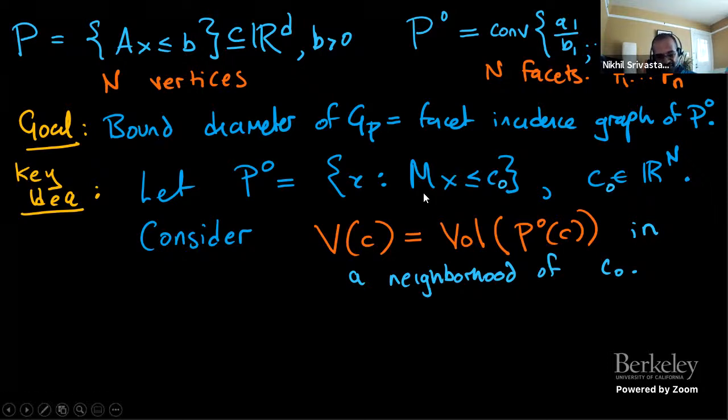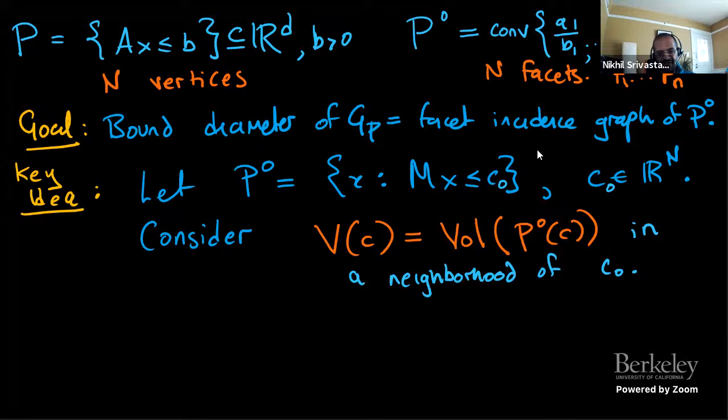Now the key idea is to consider the volume of P polar as a function of the slack vector C. This is defined by a bunch of linear inequalities where the right-hand side is given by C naught. I'm now going to treat that C naught as a variable and look at P polar of C, which is now a polytope where the right-hand side is replaced by the vector C. That's a bounded polytope that has some volume.